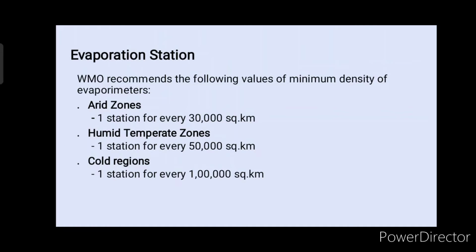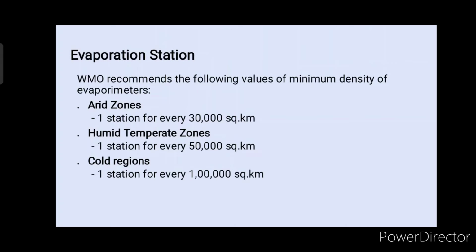So WMO recommends the following values of minimum density of evaporimeters. WMO is the World Meteorological Organization. For arid zones, or land with no to little rain, it requires one evaporation station for every 30,000 square kilometers.